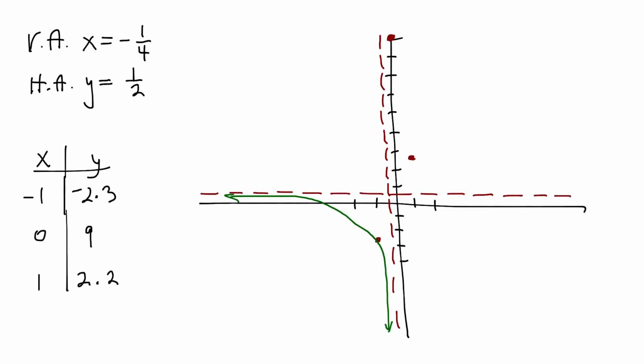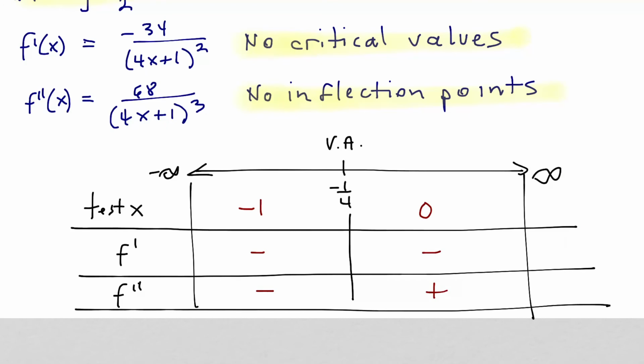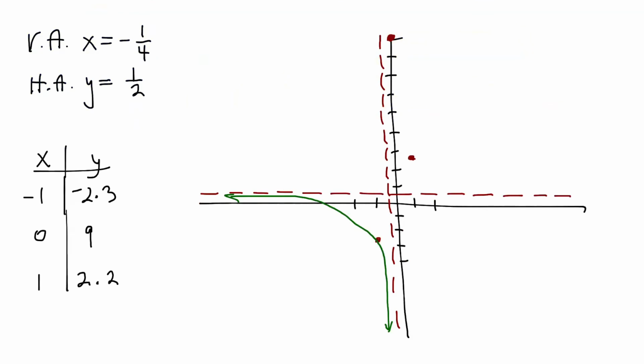To the right of the asymptote, I'm going downhill and I'm concave up. So I'm going to go through these 2 points, downhill, and I'm concave up. All right, so I've got a pretty accurate sketch of this rational function using what we know now about concavity and slope.